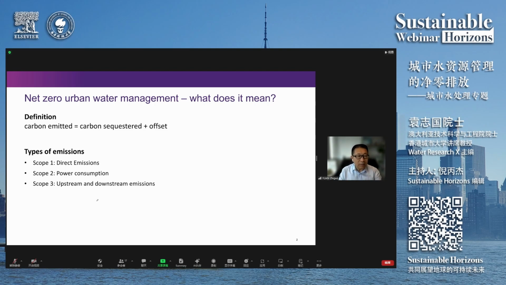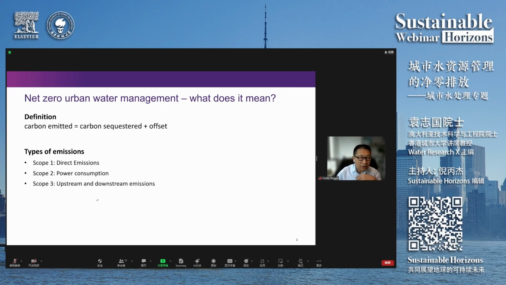And obviously that emission is dependent on the power mix, the mix of your electricity grid. And Scope 3 are related to the upstream and downstream processes. So the emissions upstream of urban water systems and downstream of urban water systems, for example, your customers using the water and the emissions associated with that use.